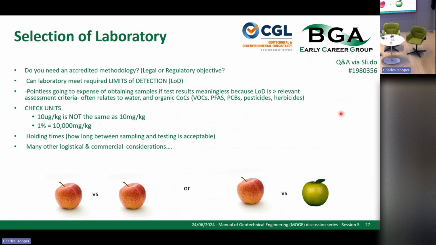Really important that once you have selected your lab, that you stick with that lab for the duration of the project. I think your example, Fraser, was perfect in showing that if you use 3 different labs, you get 3 different results. It's the same soil, it's the same water, but you potentially are going to get different results because they use different methods, even though they both look like they're testing apples. It might be a different sort.